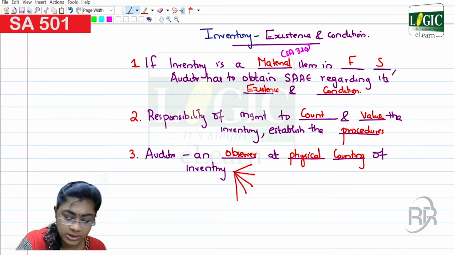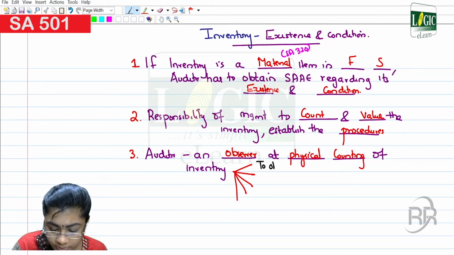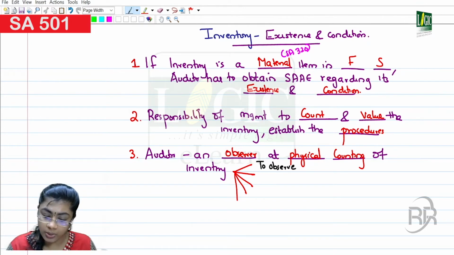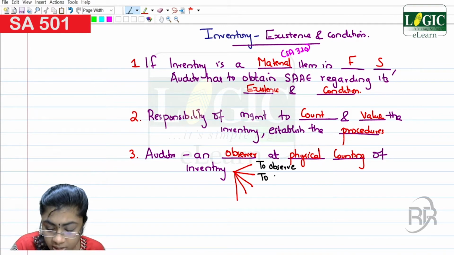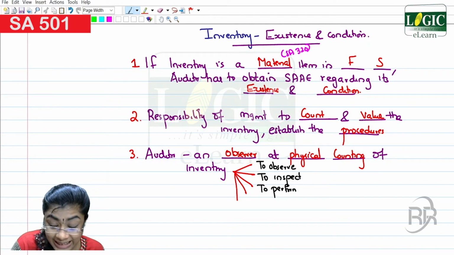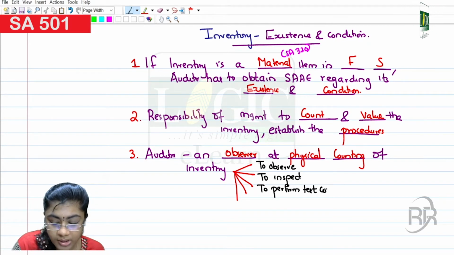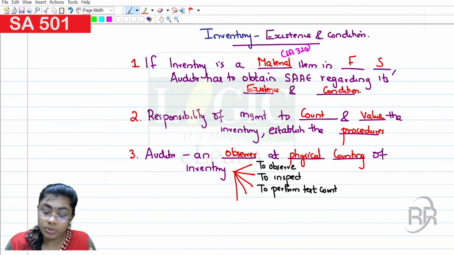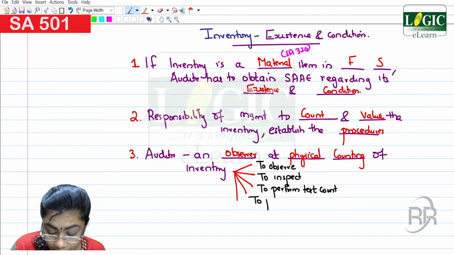One is to observe. Basically, you can observe the inventory which has been counted. Second, to inspect. You can inspect. To perform test counts. Like you can take a sample count, etc. To perform analytical procedure.